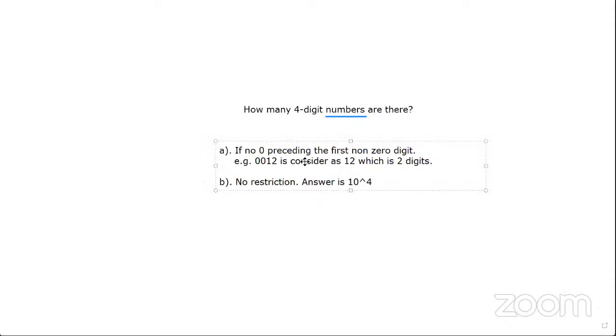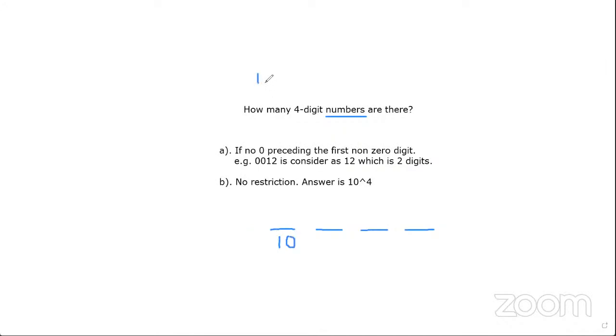Okay, but for this, it's always useful if you do something like this. So there are 2 places. You have to do this always. For number B, there are 10 possibilities. Why 10?